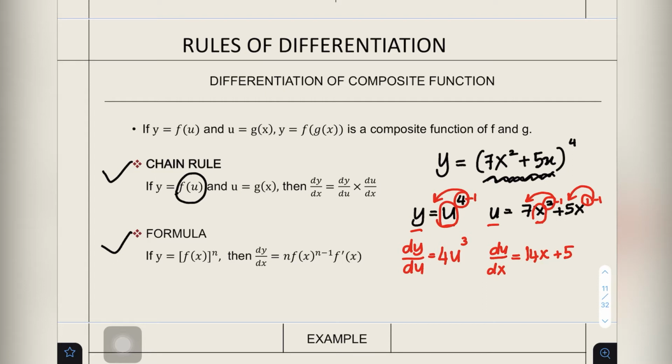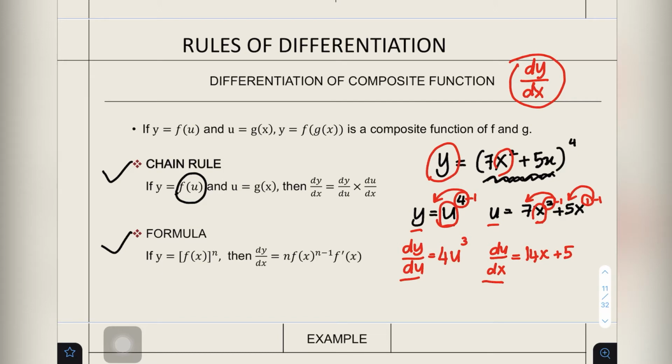Okay, so now you have dy/du and du/dx. But what you want here is the differentiation of this function y in terms of x, which is you want to find dy/dx. What you have here is dy/du and du/dx, but what you want is dy/dx.